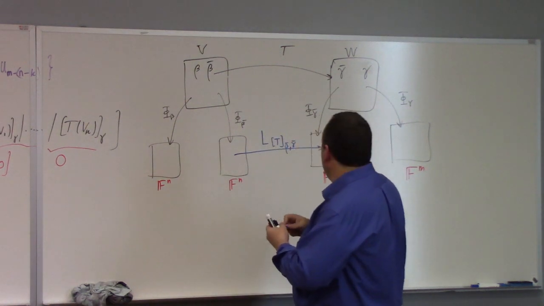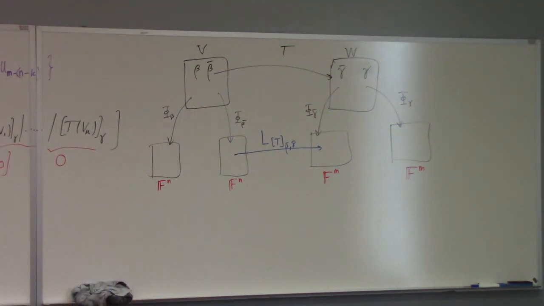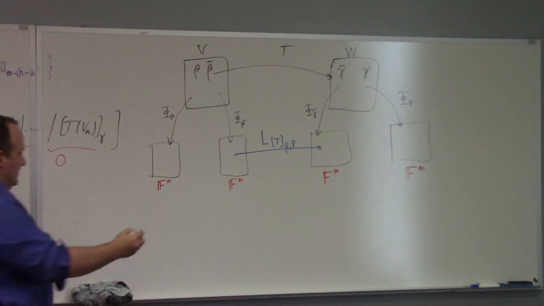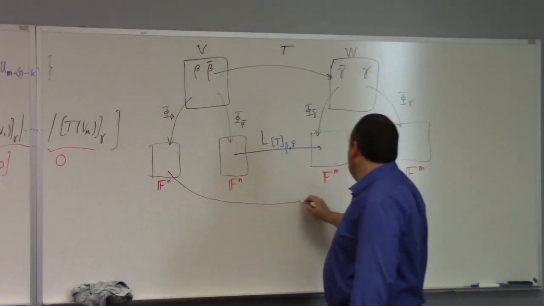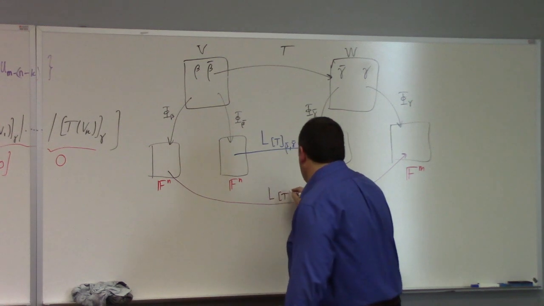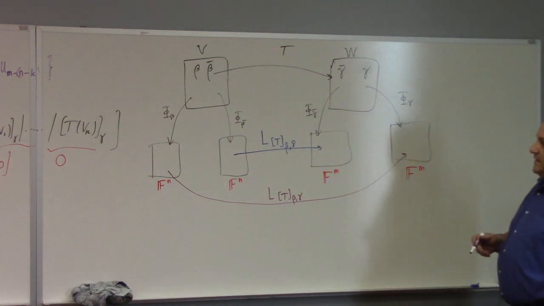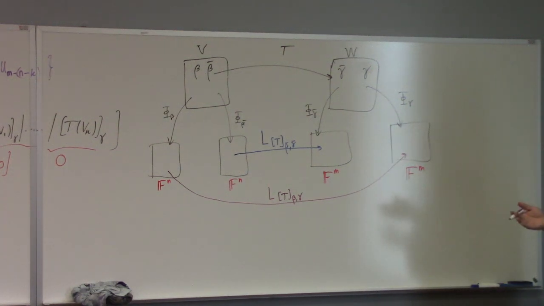On the other hand, I could also talk about the matrix of the linear transformation with respect to the other choice of basis, the unbarred ones, which I would draw down here. So this would be left multiplication by T beta gamma. And you guys have calculated some of these. Then the question is, how are these related?